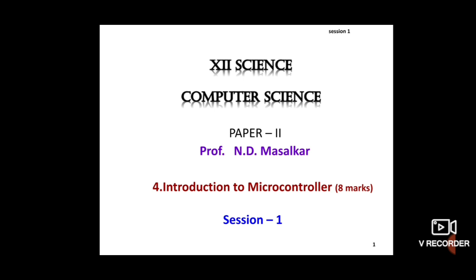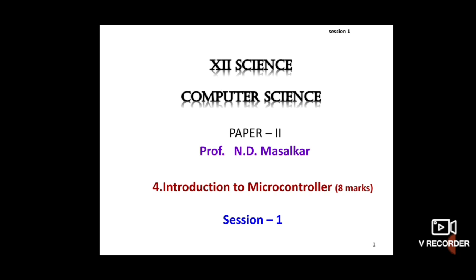Now, before starting the microcontroller chapter, we need to understand the difference between microprocessor and microcontroller. What is the microprocessor? We have already studied the 8085 microprocessor, a chip which is installed in our computer.